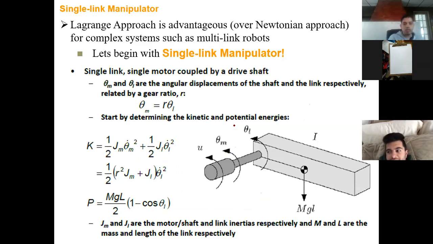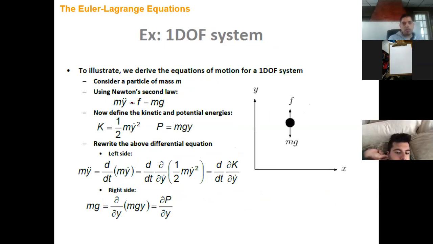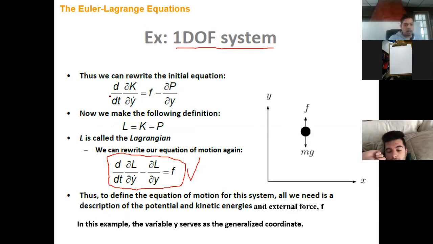I'm not going to derive this equation, since we kind of agree that this equation follows from Newton's second law. The Lagrange equation follows from Newton's second law, and this is true for any degree of freedom.